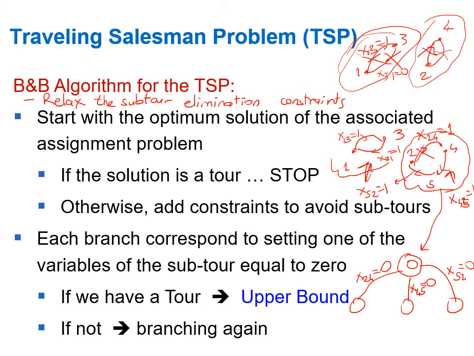If you are going to write a branching with respect to a subtour with 4 cities, then you need to branch it into 4. So the branch and bound algorithm for TSP does not only branch into 2. It may branch into 3, into 4, into more, depending on the size of the subtour.